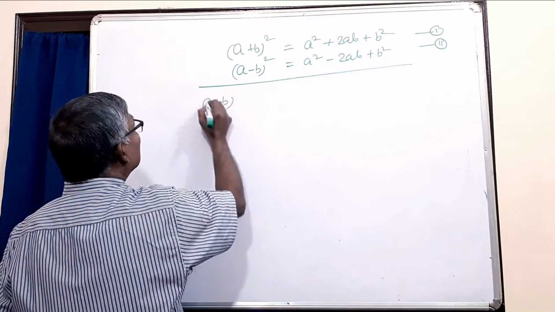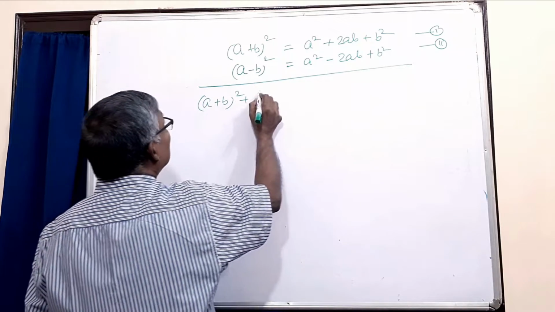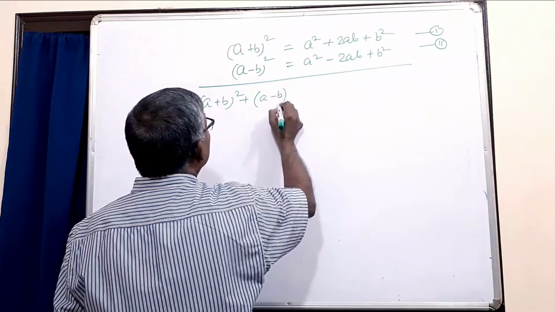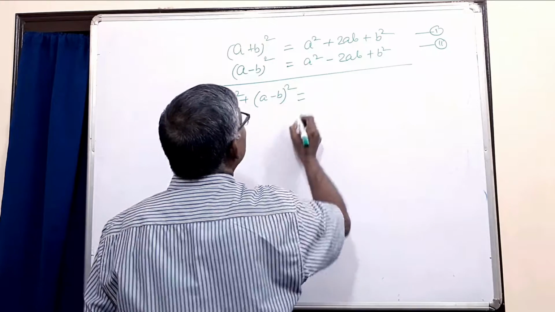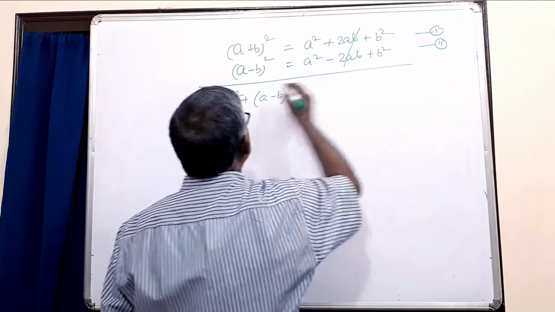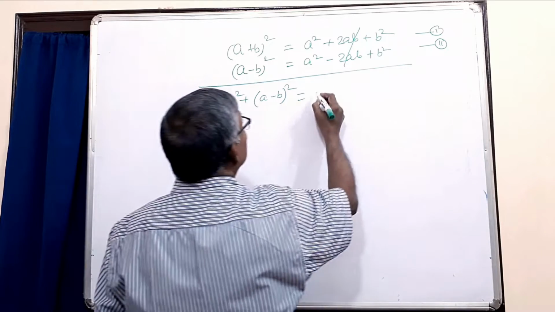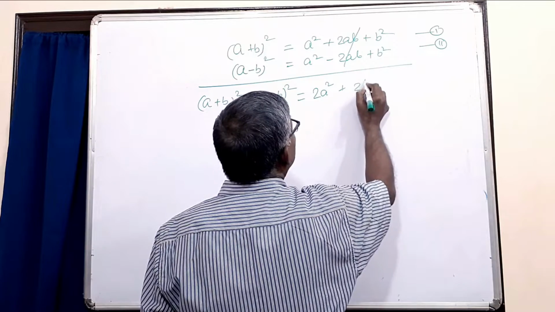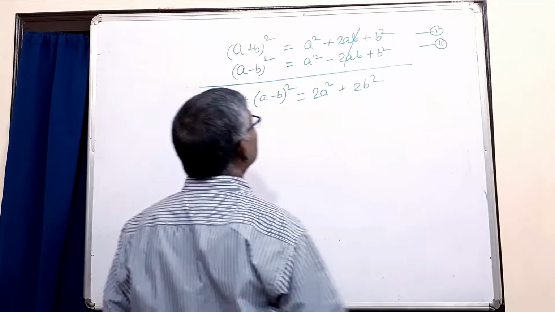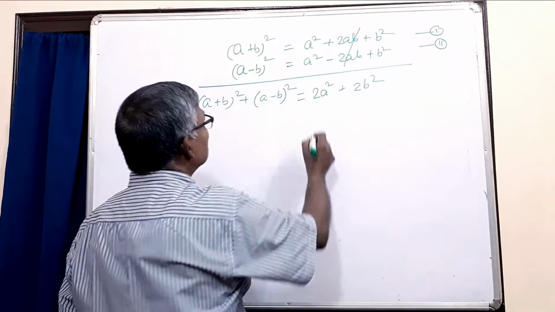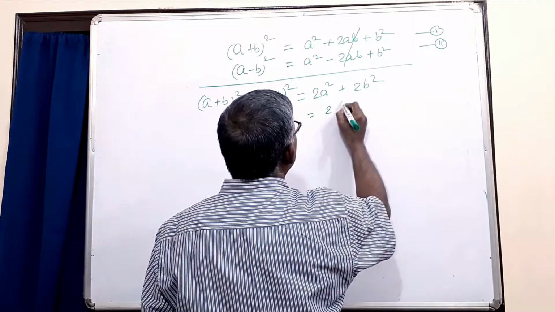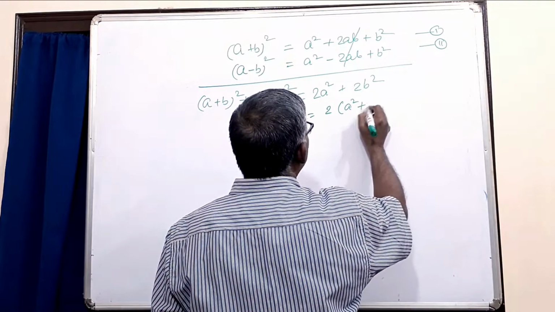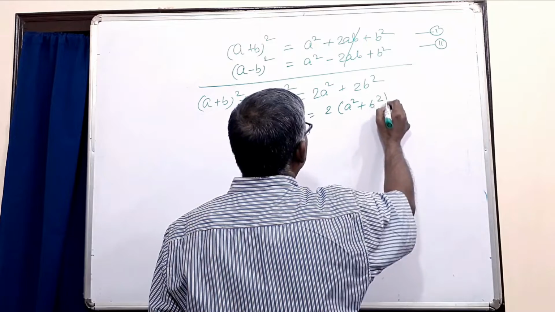A plus b whole square plus a minus b whole square equals to, it is cancelled, simply add this term. So it will be 2a square plus 2b square equals to 2 into a square plus b square.